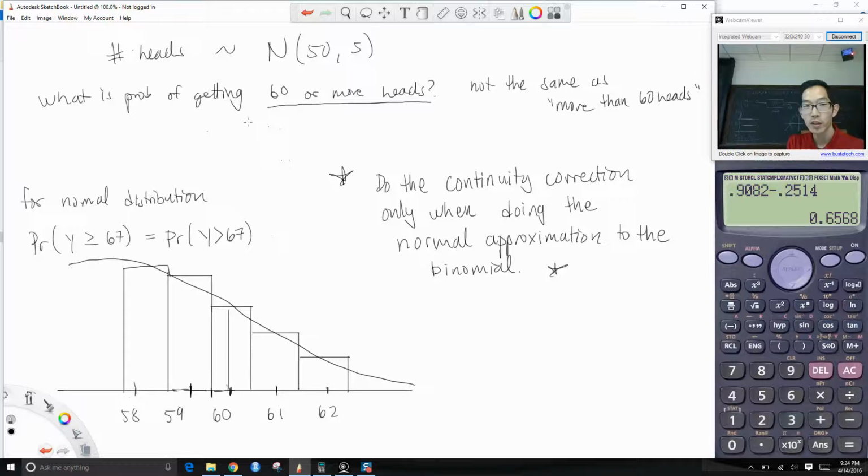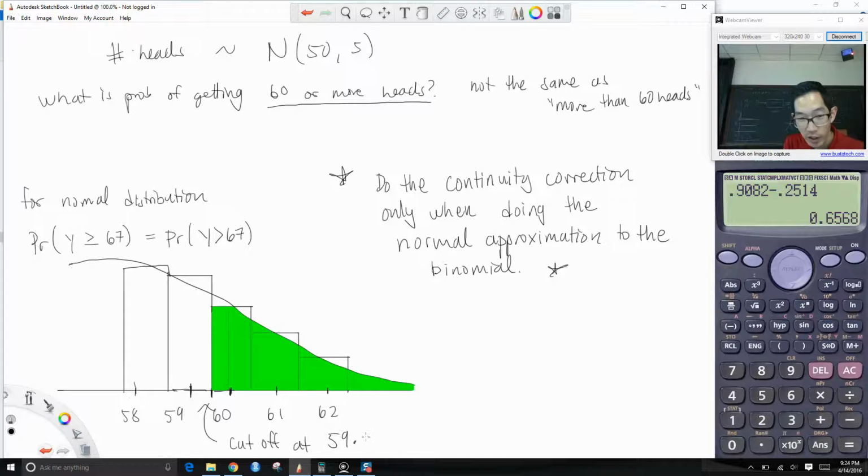So for getting 60 or more heads, I'm going to try coloring this in. I want this, okay? So my cutoff will be at 59.5.